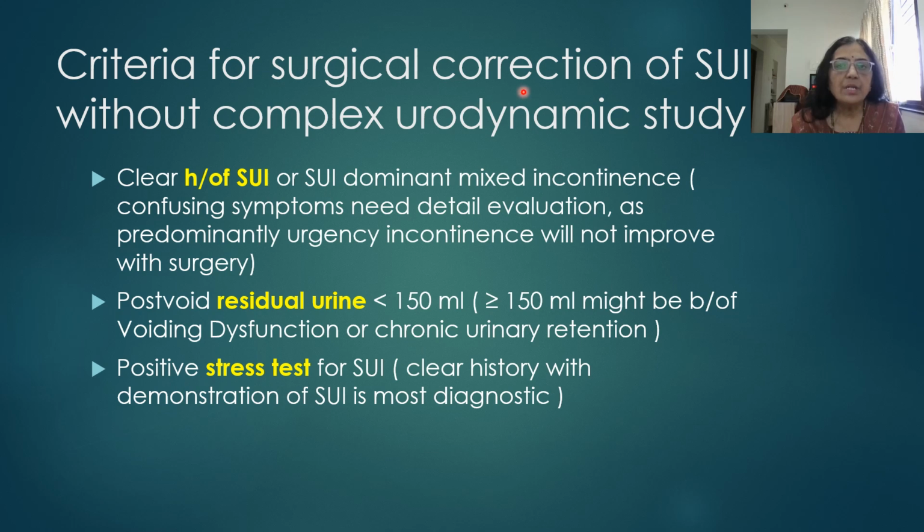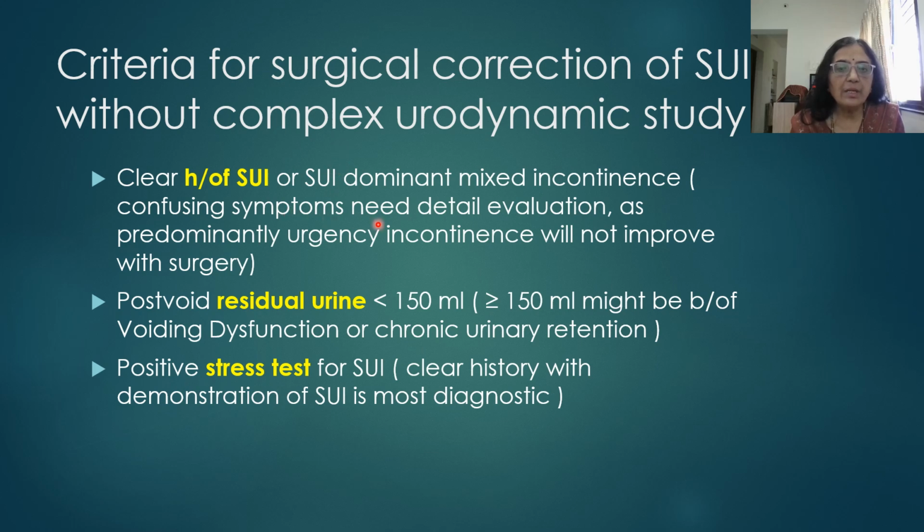Criteria for surgical correction of SUI without complex urodynamic study. Now, this is very important: what is the criteria when we can proceed with surgical correction, and we don't need to go for a complex urodynamic study to diagnose SUI. If there is a clear history of stress urinary incontinence or SUI dominant mixed incontinence, then in that case there is no need to do the complex urodynamic study.